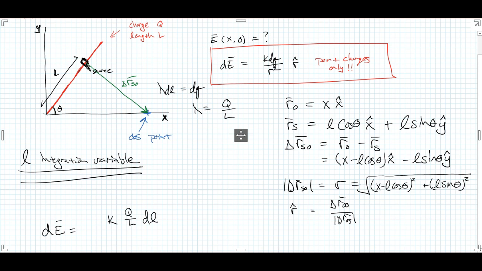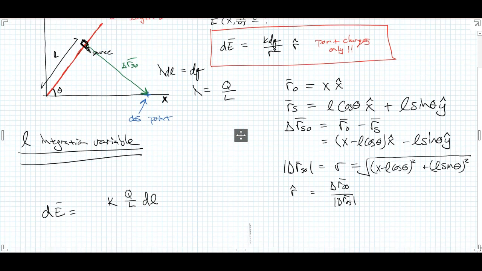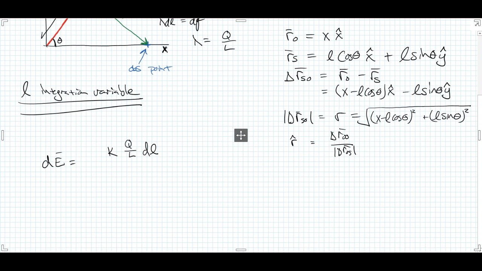And then I'm going to divide by, I've got basically three factors of r that show up. I've got a 1 over r squared from the Coulomb's law equation, and then I've got another 1 over r that comes from the normalization of r hat, right? So I'm going to combine those into a single term, and that should give me this in the denominator to the 3/2.